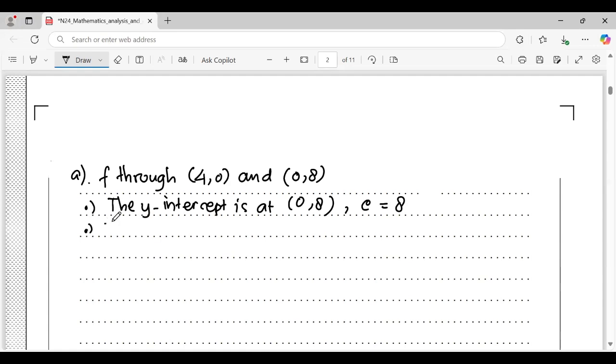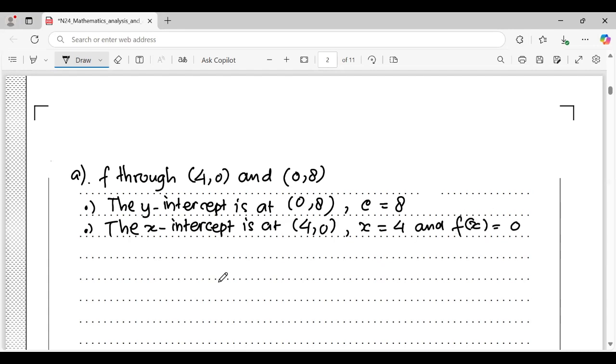And then the x-intercept is at 4,0. So it means x equals 4 and fx equals 0.